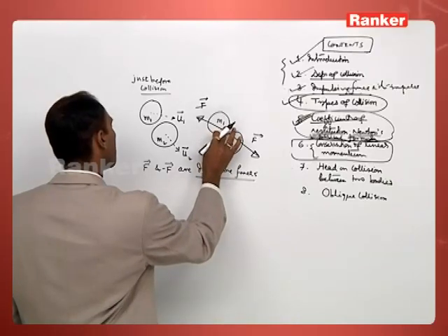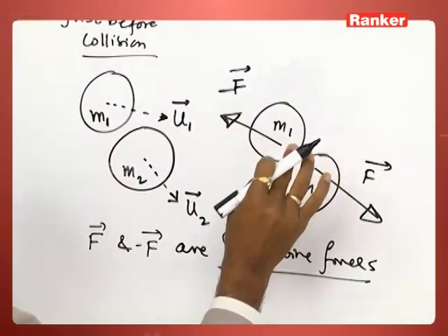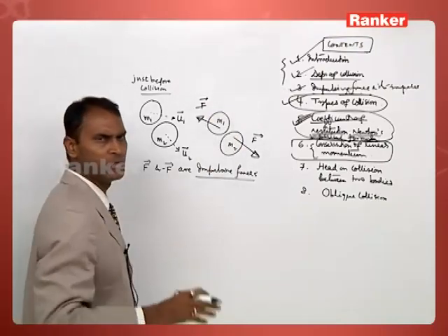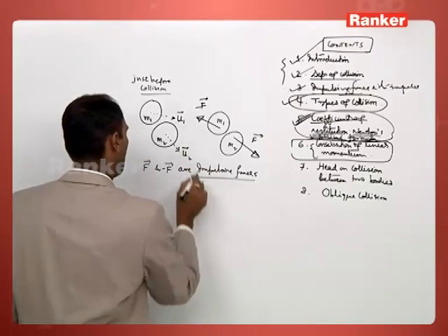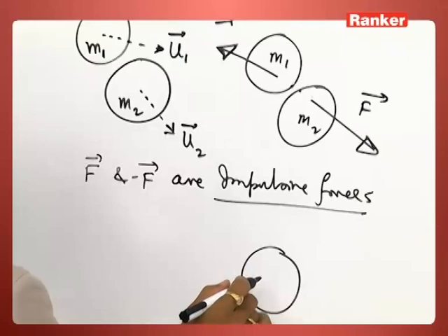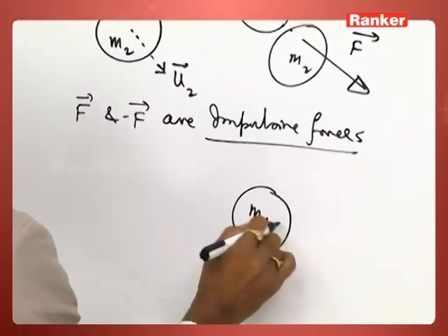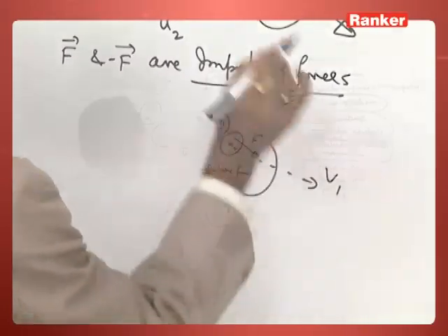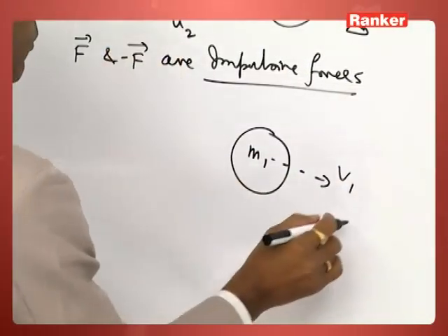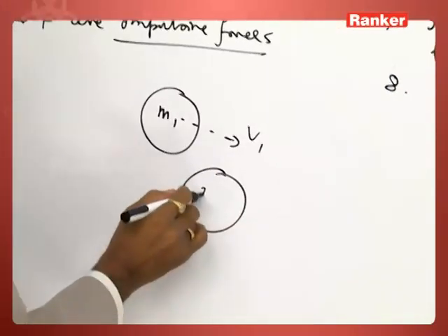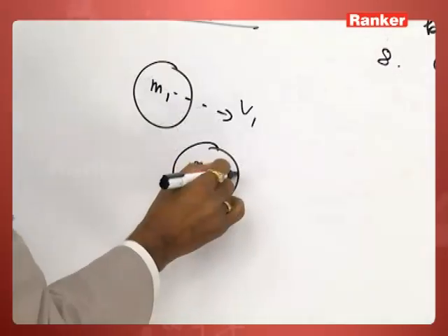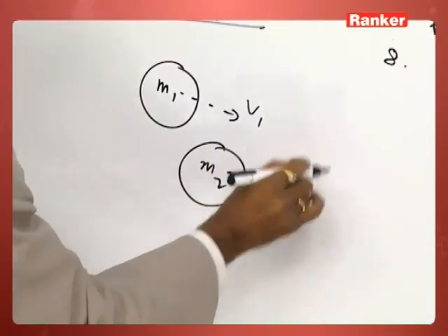On each body, the net force acting is not equal to 0. Therefore, each body must change its momentum. M1 changes its momentum from M1 U1 to say M1 V1. It will move in this direction with this speed, say, and M2 changes its momentum from M2 U2 to M2 V2.